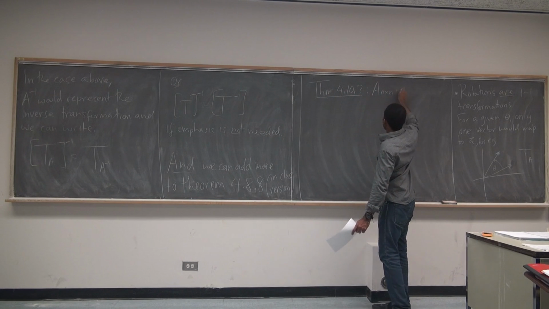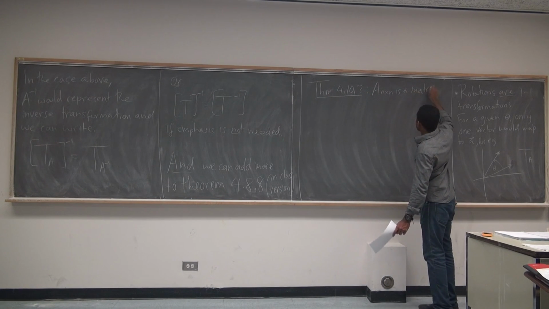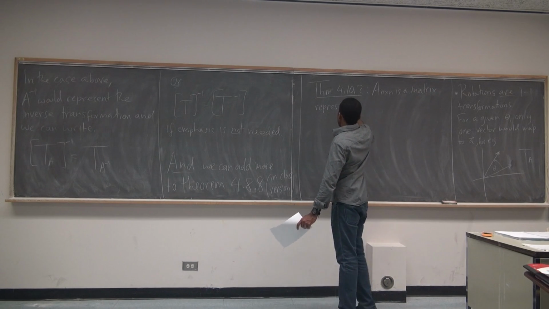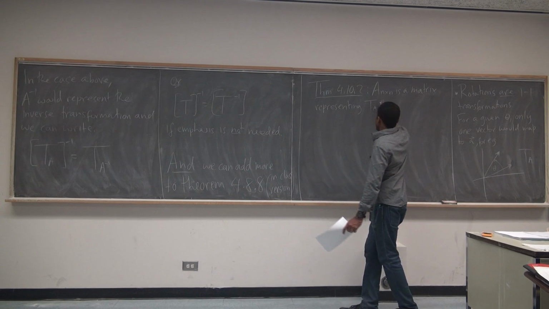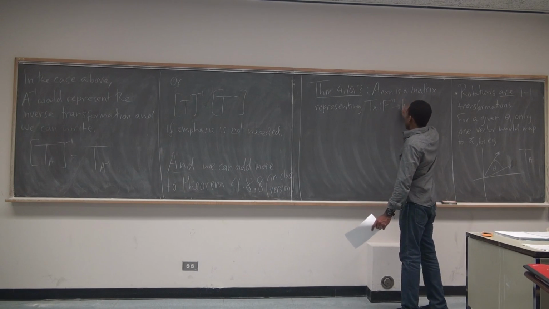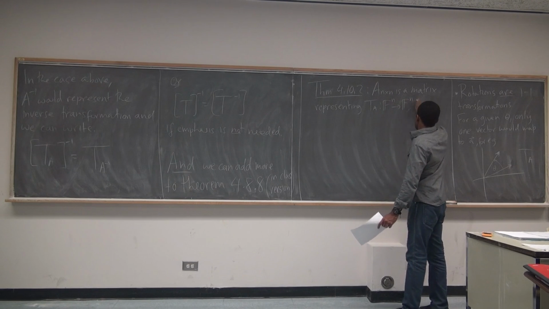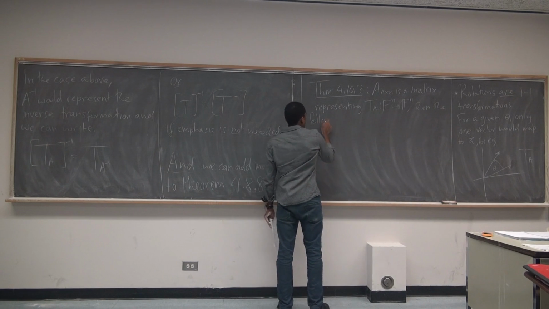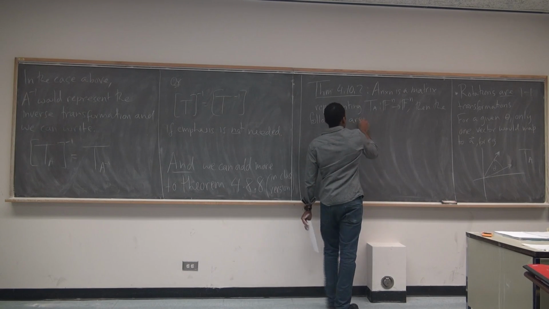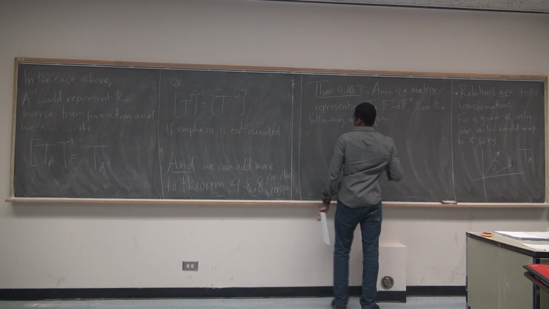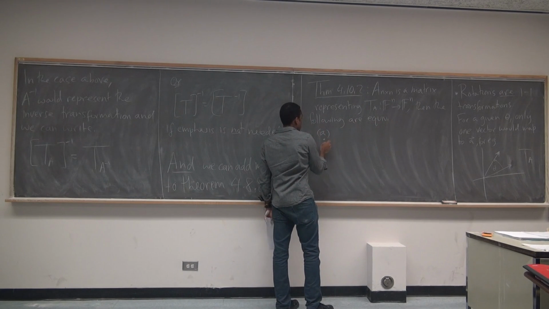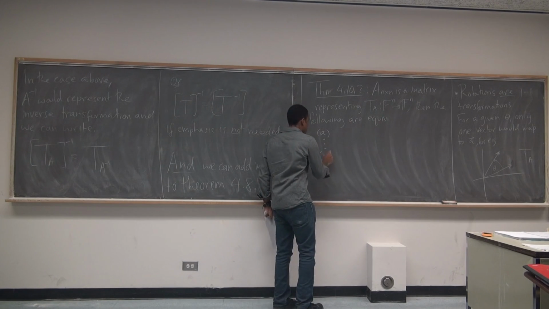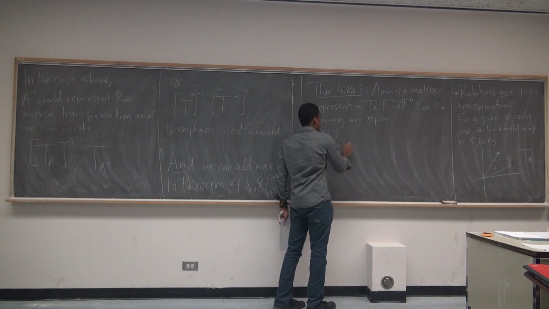A is an n by n matrix, which you can say represents TA from Fn to Fn. Then the following are equivalent. A all the way down to, I believe I gave you guys to N. This is from theorem 4.8.8.